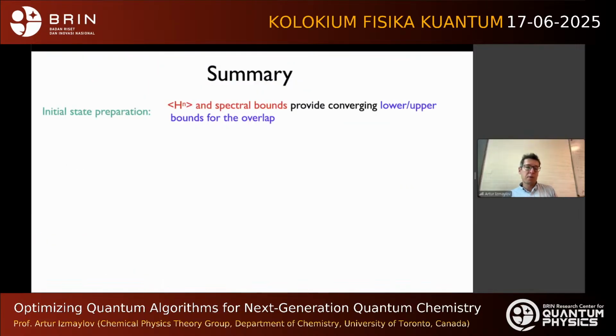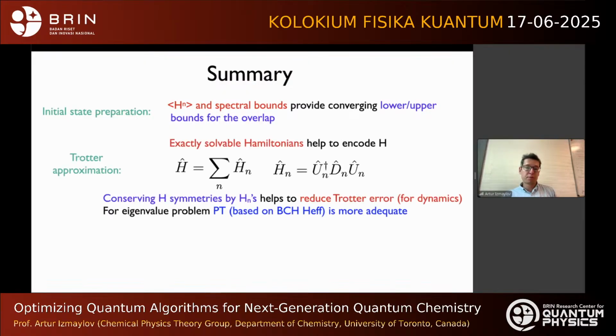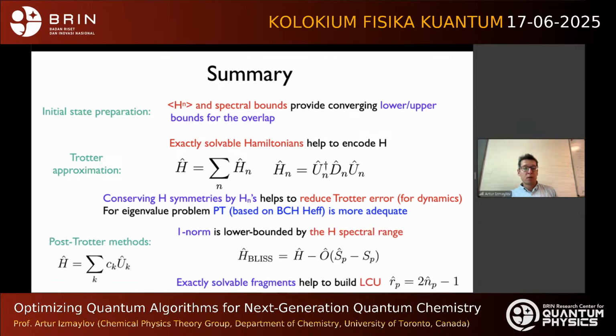Now let me summarize. We developed some methods for initial state preparation since it's a first step. And we would like to certify the overlap. Now we can do it by just a classical calculation of moments of the Hamiltonian. In the Trotter approximation, which is a way to encode the Hamiltonian, we built quite a few fragmentation schemes and now know how to analyze Trotter error very well for them.